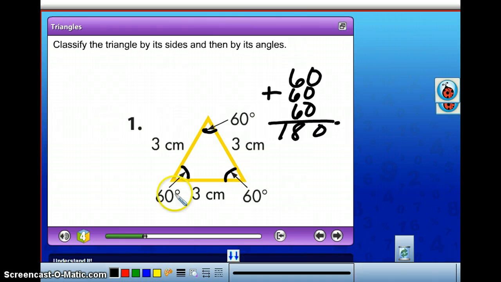So, if they did not give me this angle measurement right here, if that was just a question mark, and I knew this angle and this angle, would I be able to figure out this missing angle? Yes. If you have two angle measurements, you have enough information to figure out what the missing angle must be.